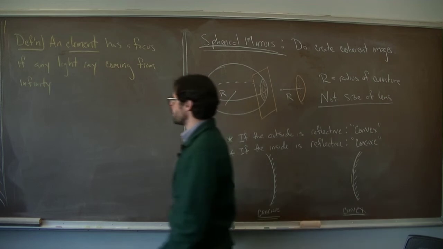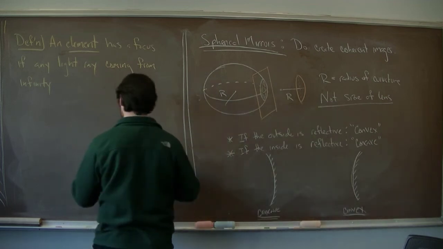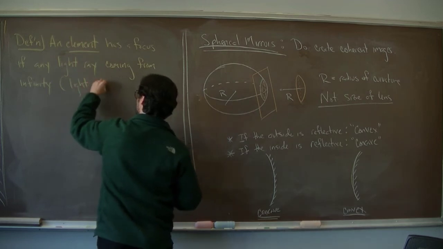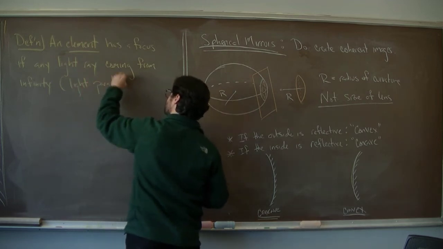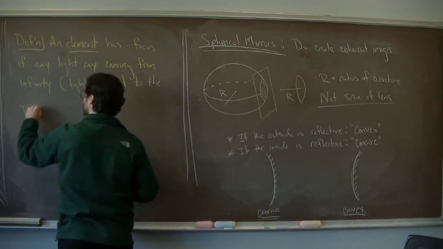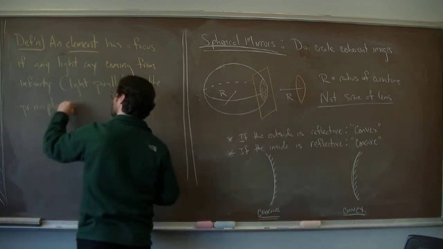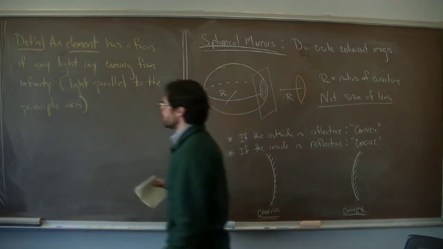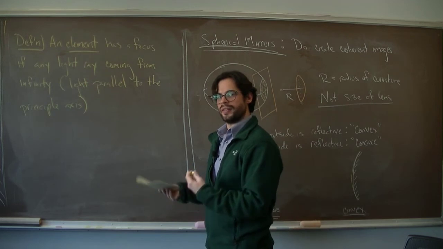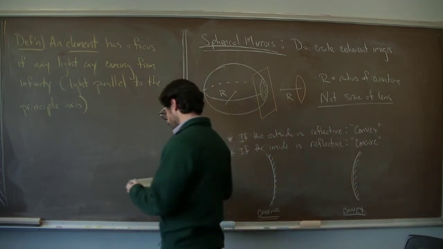It can't spread out anymore. The other way of saying it is light parallel to the principal axis. And they're equivalent statements. I mean, in the age of lasers, I can make parallel light that's not at infinity. So either of these work.